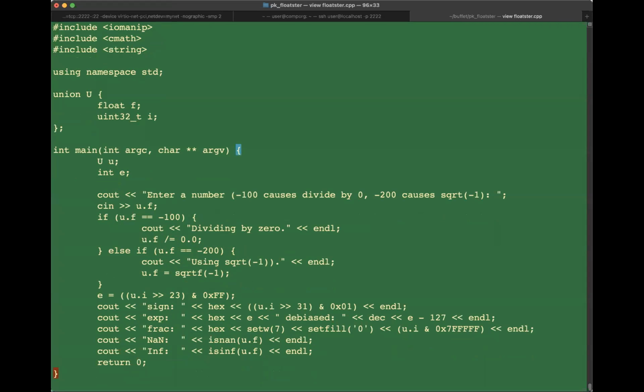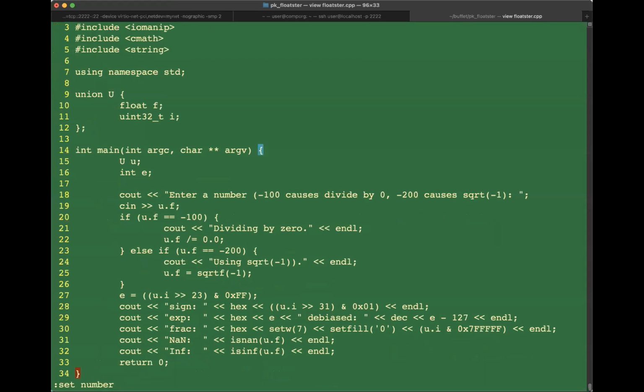Let me add line numbers. Okay. So what is line 27 doing?